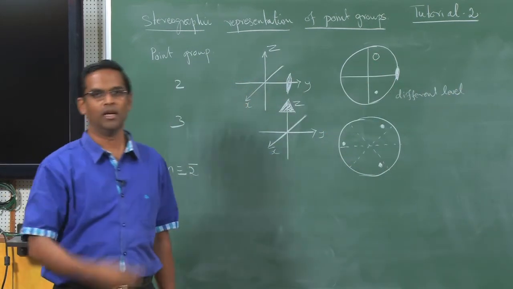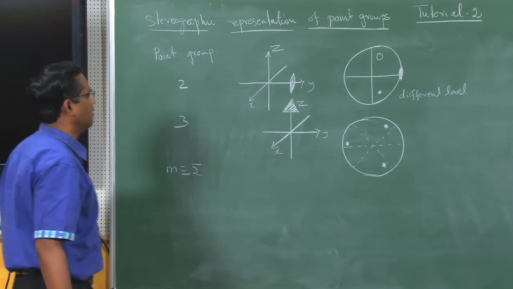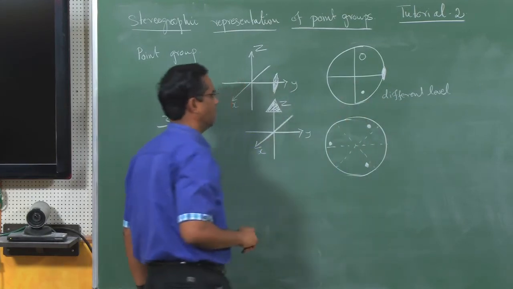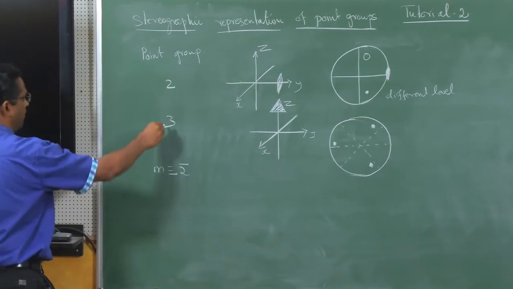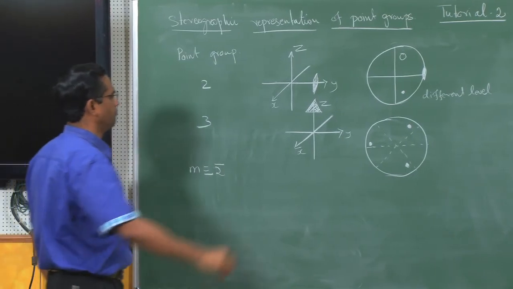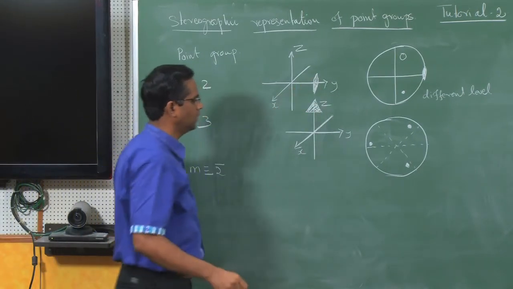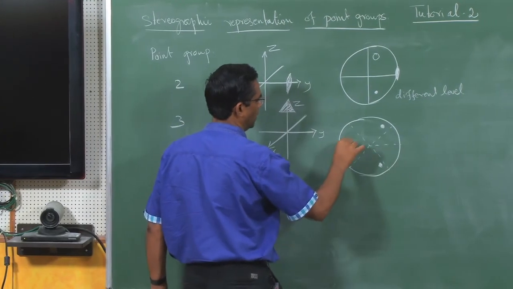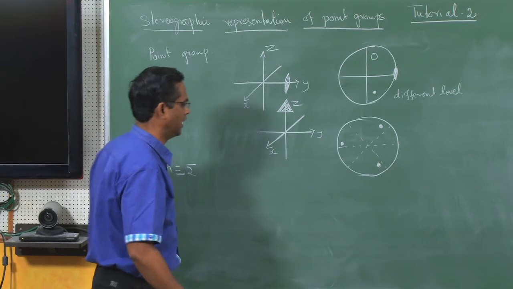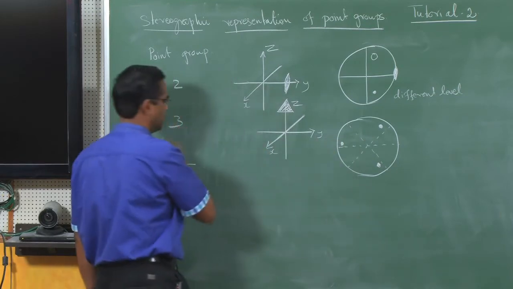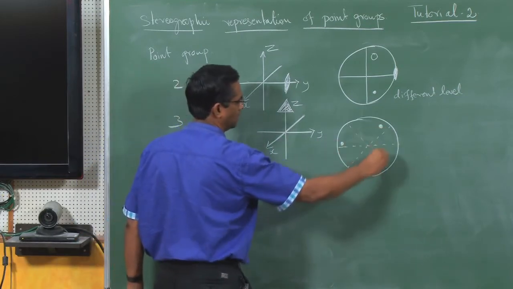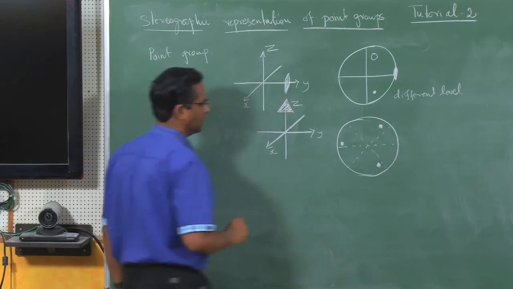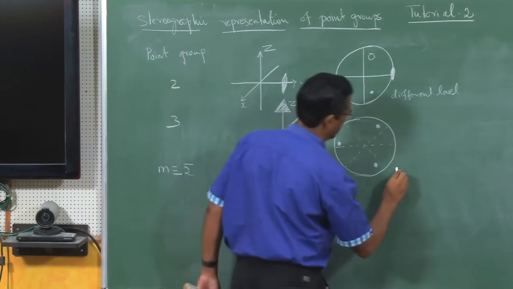Suppose I have a rotation point group 3 from the top, then I will produce an equivalent number of positions like this. C3 is 120, so it will produce equivalent points at these positions, but at the same level.